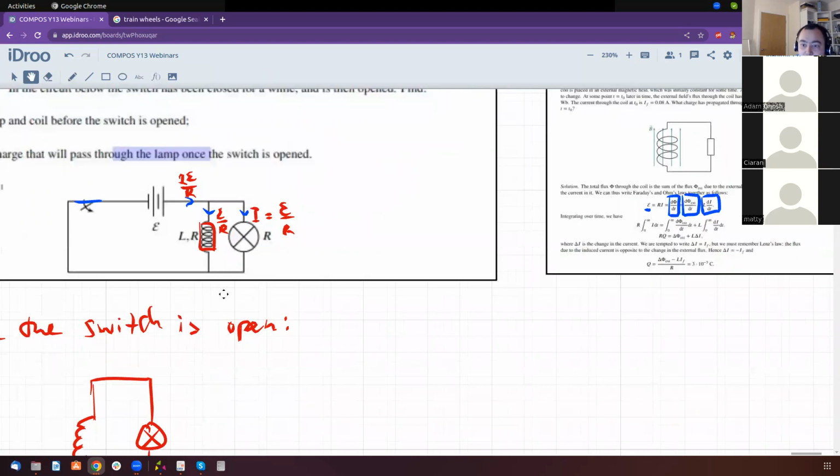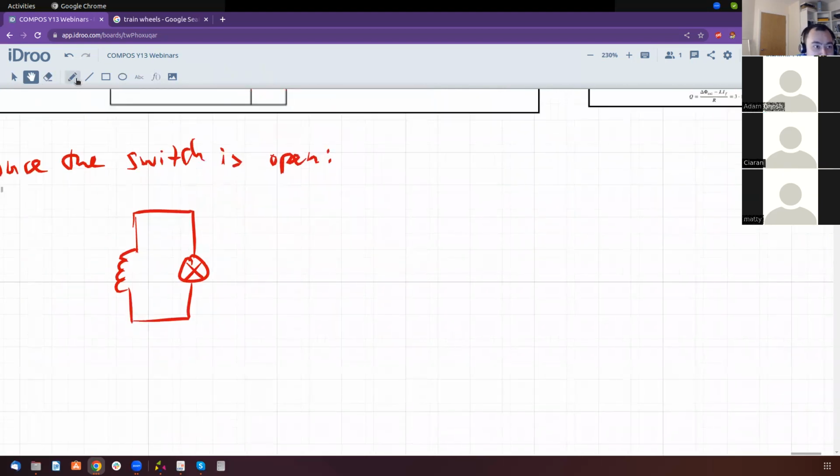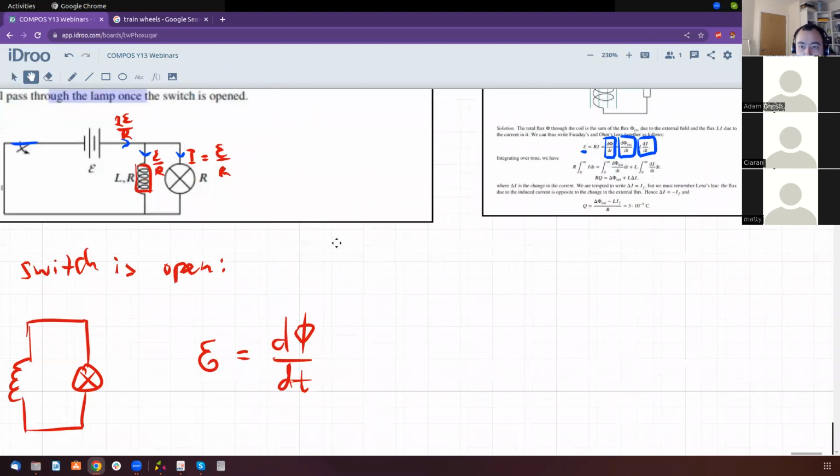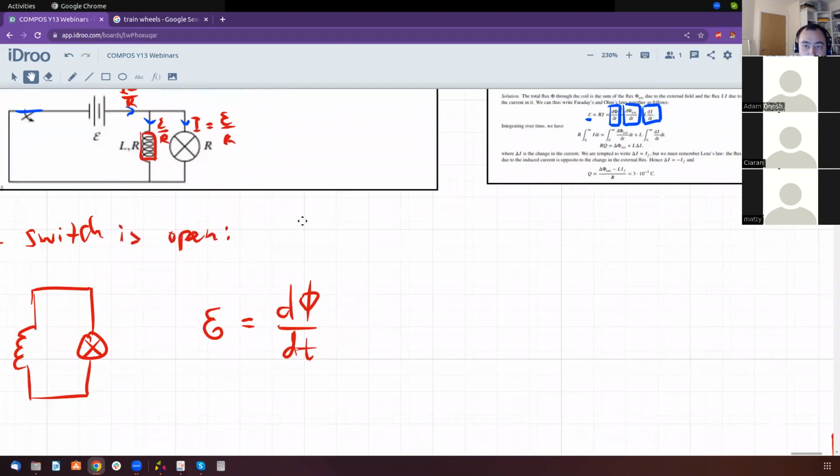And just as before, we write that the EMF produced in the inductor is the change in flux divided by time, which is equal to L di divided by dt.